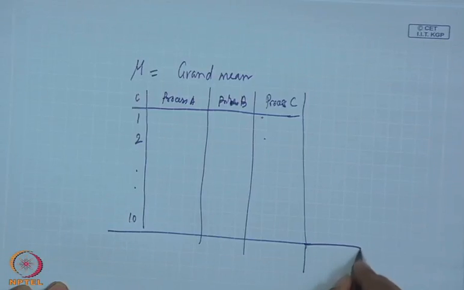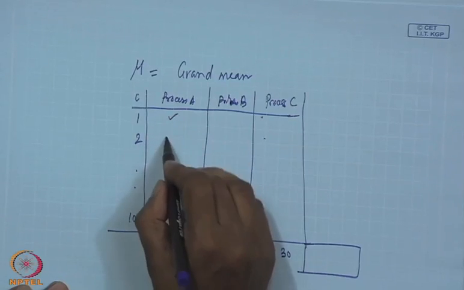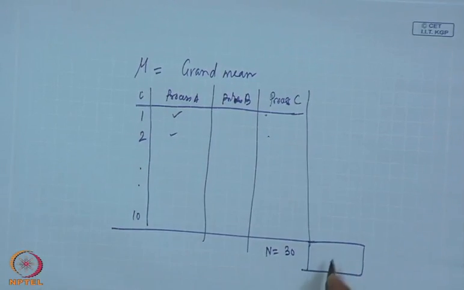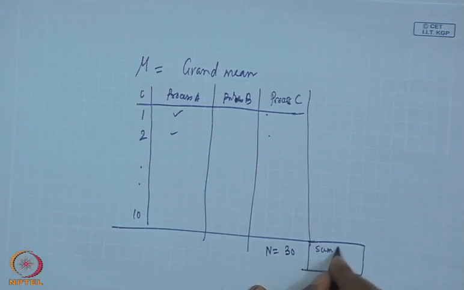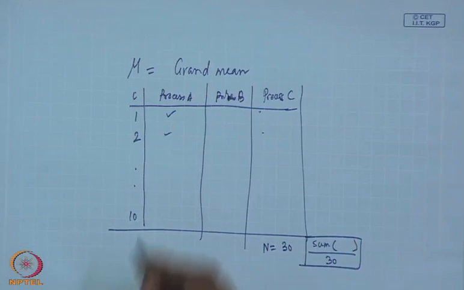So, ultimately, the total number of data points, if I say n, is 30, and you are considering every data point, all summed. So, the sum of all the data points divided by 30, that is your grand mean. If you collect 30 data points, 10 from each of the processes, that will become your grand mean.